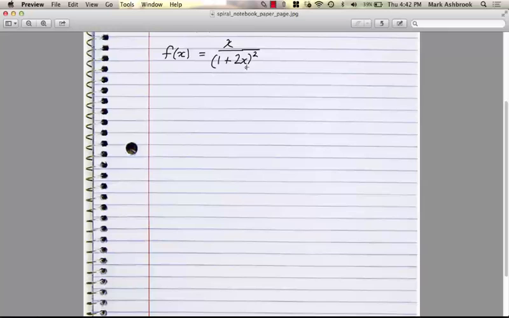Okay, so we're going to do the same thing. We want to look at what could we get a power series for? So what about this x? Is this helping us out if we want to get the antiderivative of this? It's not really helping us out, right?